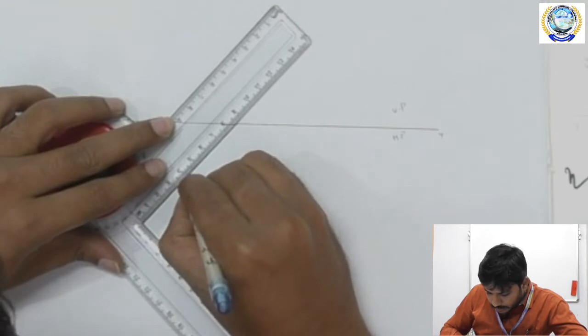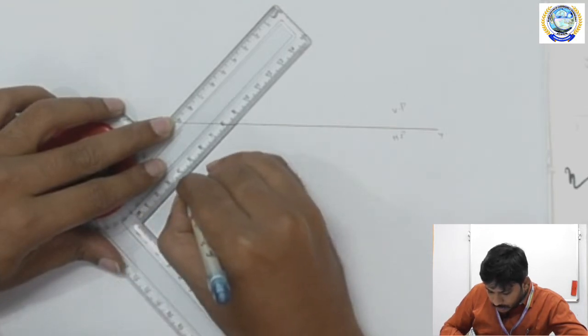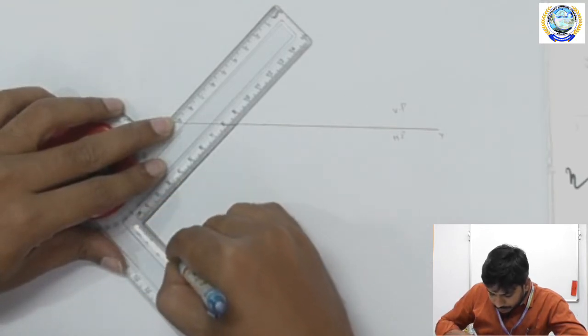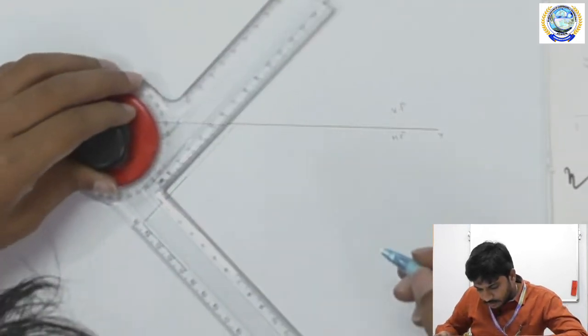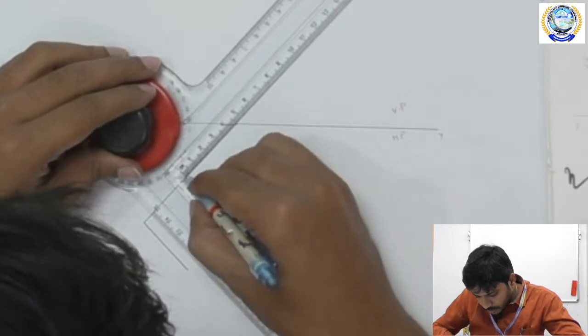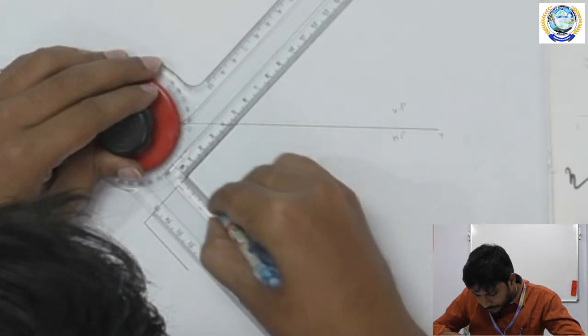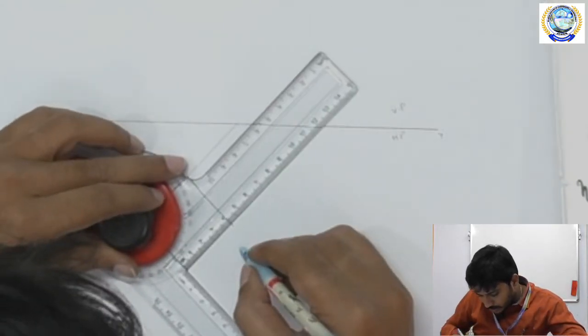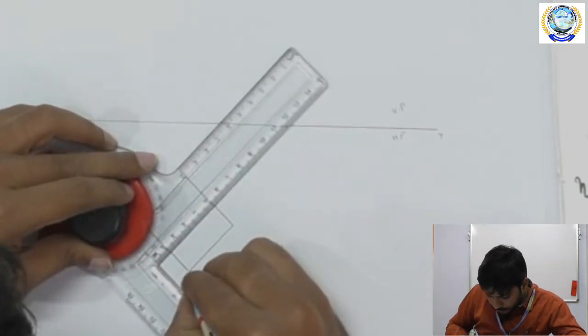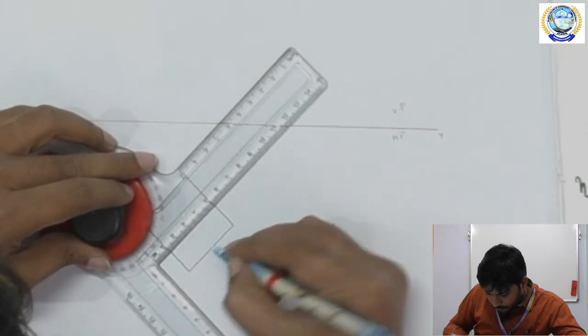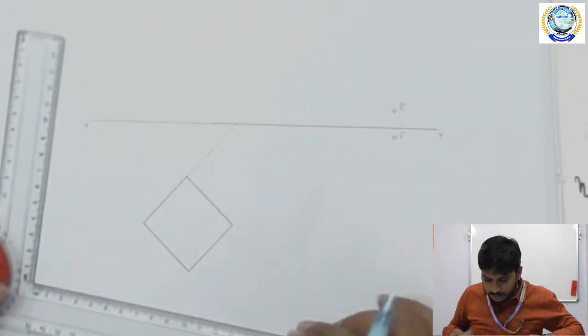The side is of length 40 mm. This is the second side, this is the third, and this is the fourth. So these are the corners.